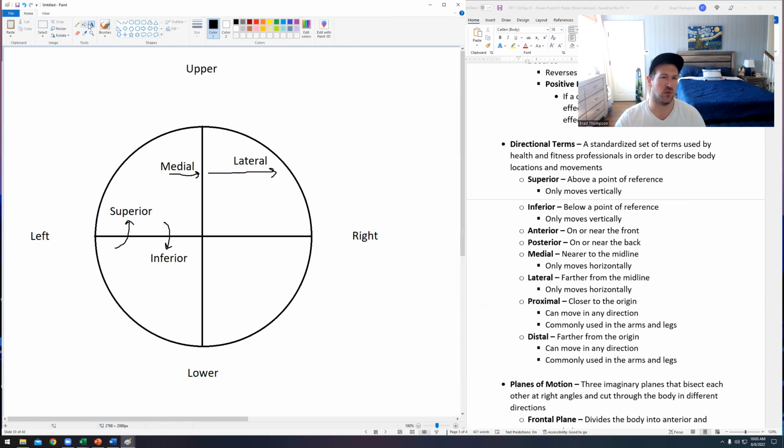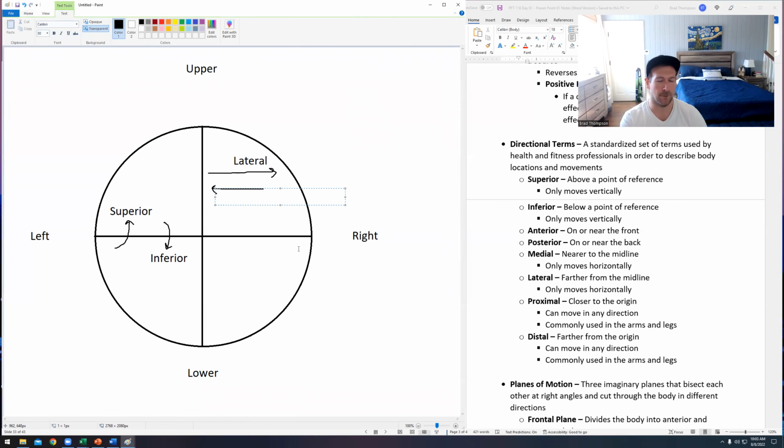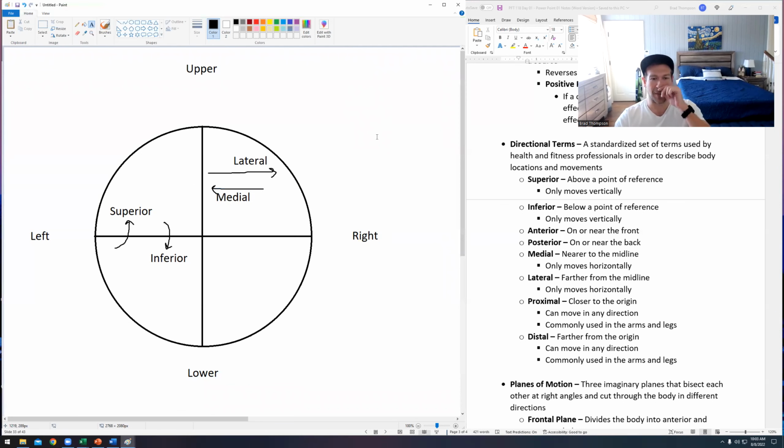Actually, I'm going to move medial, I don't like having that in the same box. So medial is closer to the midline and lateral is further from the midline. My nose is very medial. My eyeballs are a little bit lateral. My ears are very lateral.